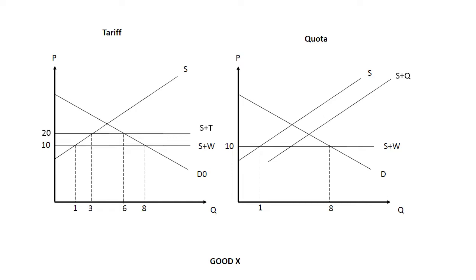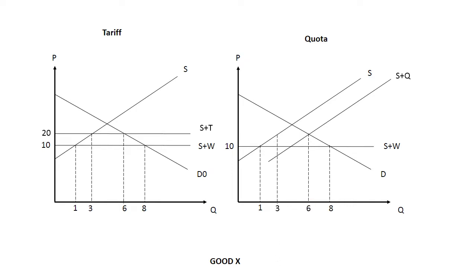If the government limits it to only 3 units of good X, the country can import only 3 units, so the number of imports is equal to 3.